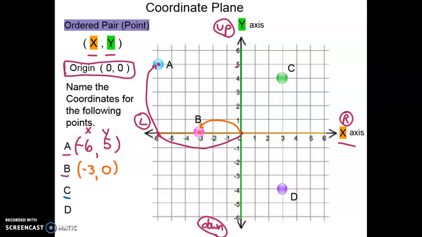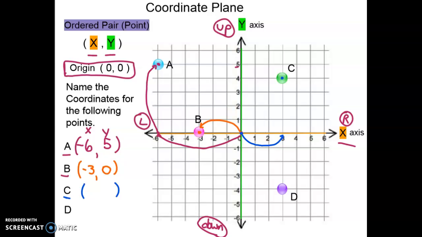Let's do C. Here's my C up here. This green dot is representing my C. I'm going to put a smaller blue dot right where we're actually going so you can see it a little better. Again, I'm going to start from my origin, or my center. My first piece of information has to be my x-axis: how many spaces I'm going to go to the left or to the right to get lined up with that point. I have to go to the right, the positive direction, to the 3.